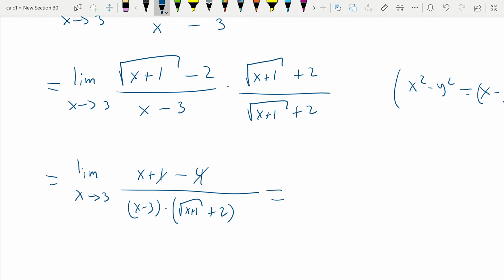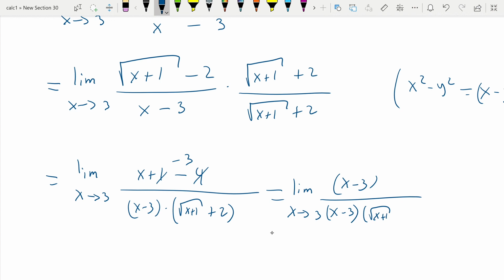This becomes minus 3. So we get the same thing for the numerator, and the denominator we have an x minus 3 as well. So the same thing we have as a factor here in the denominator.